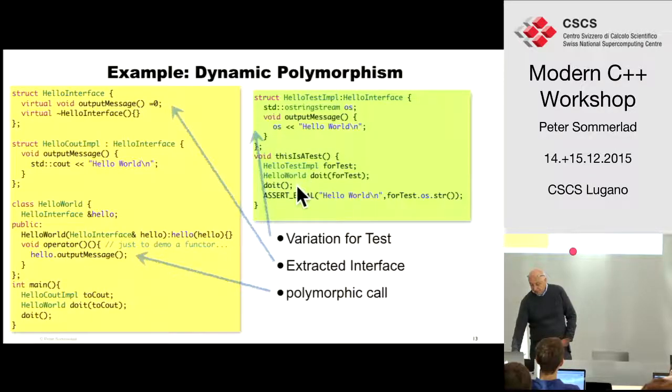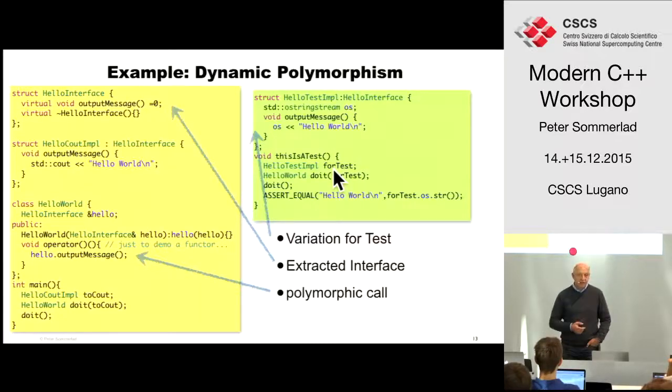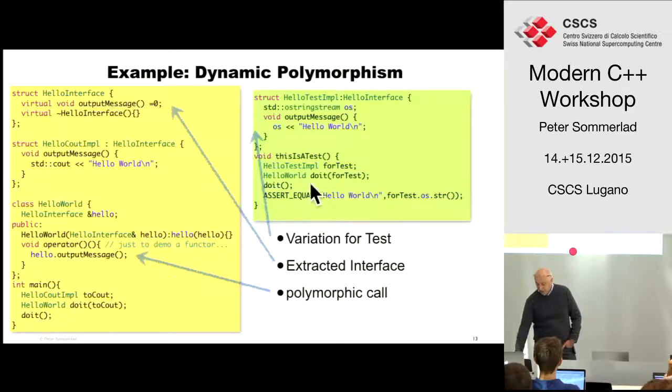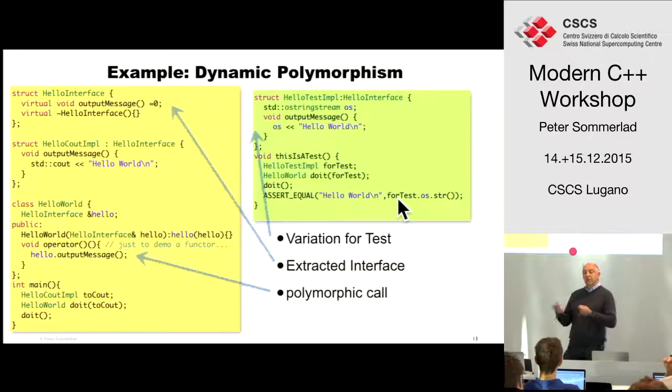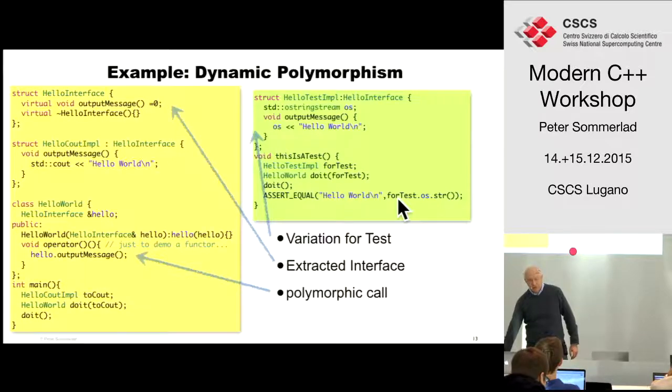And for our test case, we use, instead of our hello cout impl, the hello test impl, pass that to our hello world object, act on the hello world object, and now we can use our hello test impl to figure out what the output actually was. So this means it allows us to have two versions of the hello world object, one for the real world doing the output and the other one for the test doing the output into a string stream.